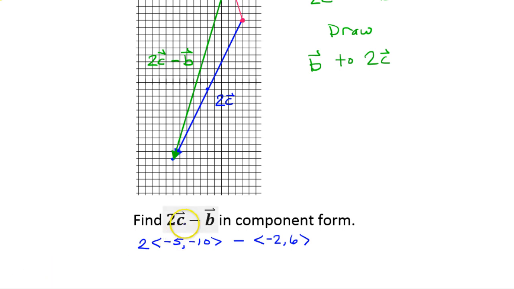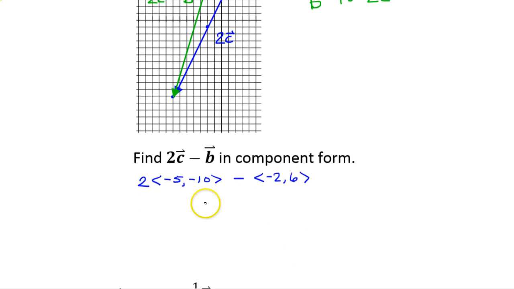So now we have to find 2c minus b, and I've written the component form here for the problem. Multiplying by 2 gives us negative 10 comma negative 20, and minus negative 2 comma 6. Now all we have to do is subtract the corresponding components.